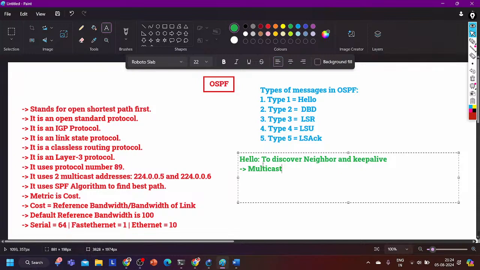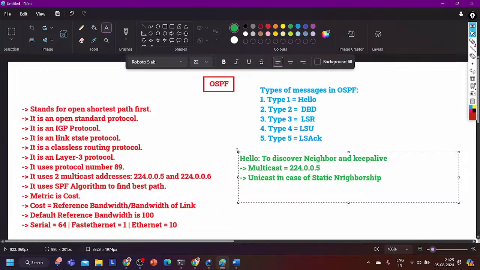So in dynamic neighborship, OSPF will send the hello message on a multicast address. On what multicast address? 224.0.0.5, right? All routers listen to this multicast address, so that's why the router will send the hello message on this multicast address. But the hello message will be unicast in case of static neighborship, like EIGRP. Done.